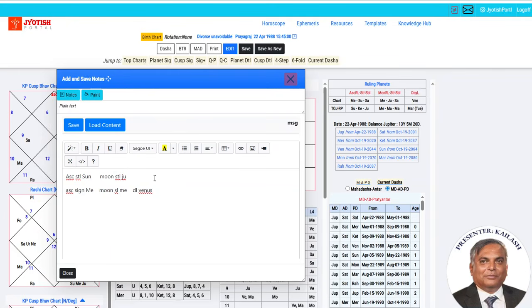So when you are judging some very important event in a person's life, you might want to keep this point in your mind, that the ruling planets of the birth horoscope should also be taken into consideration, because major events sometimes get influenced by these ruling planets.